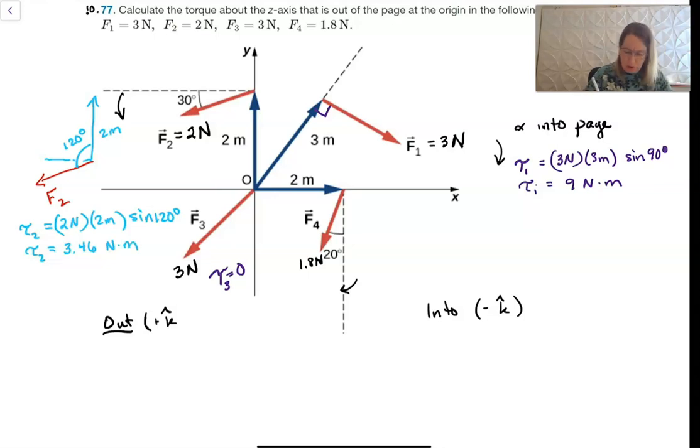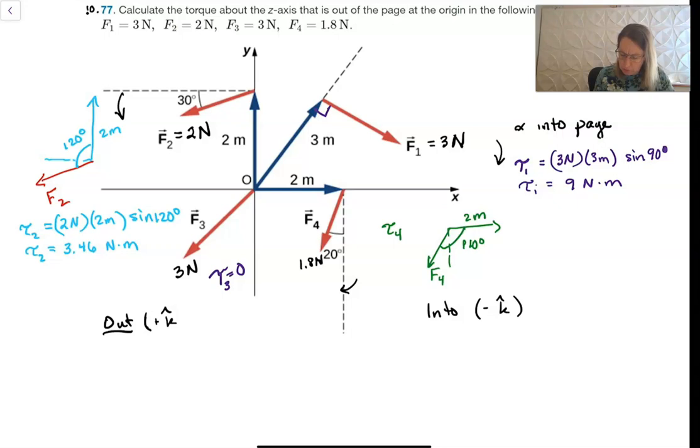And then for torque number 4, we do the same kind of thing. We've got our force 4, which is at 20 degrees, and altogether this is 20 plus 90, or 110 degrees. This is 2 meters.